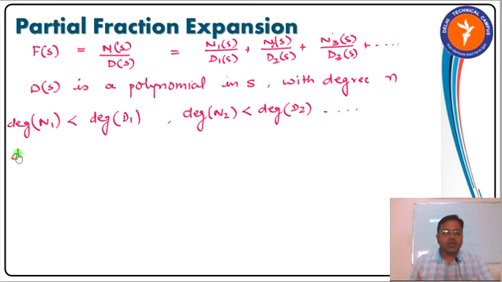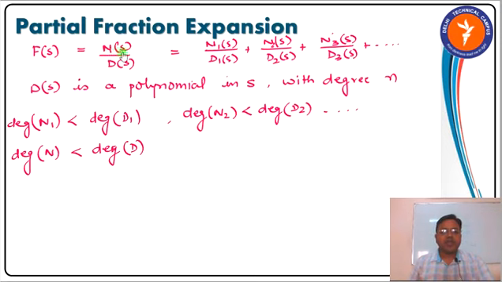Also, this expansion is possible only if the degree of numerator N is less than the degree of D, that is, only if the numerator has lower degree than that of the denominator.